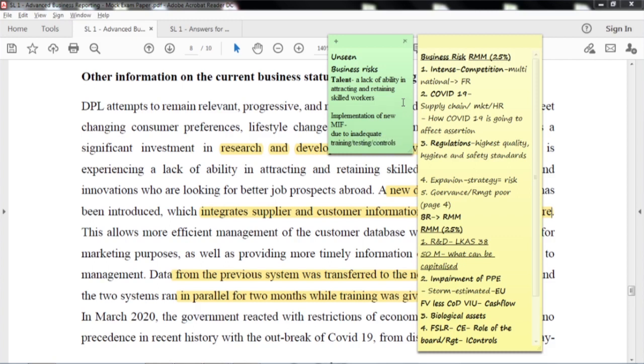There may be data loss in transition and errors in the new system. You can write anything, it may be an access issue, all of that. So, these are typical problems in new system development.